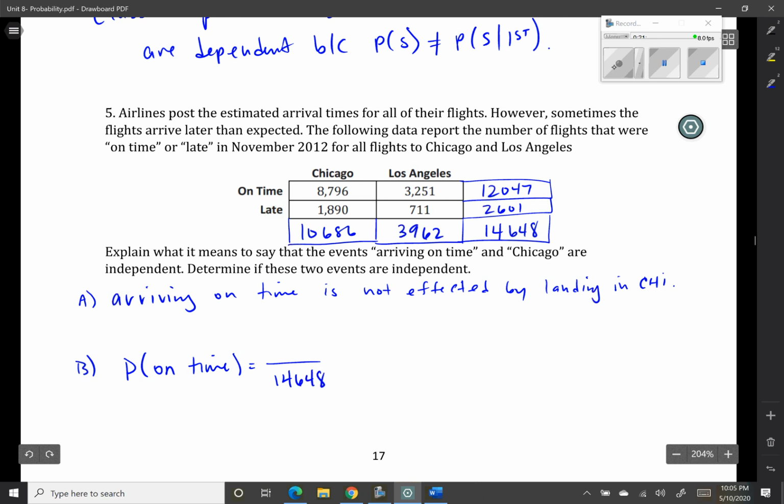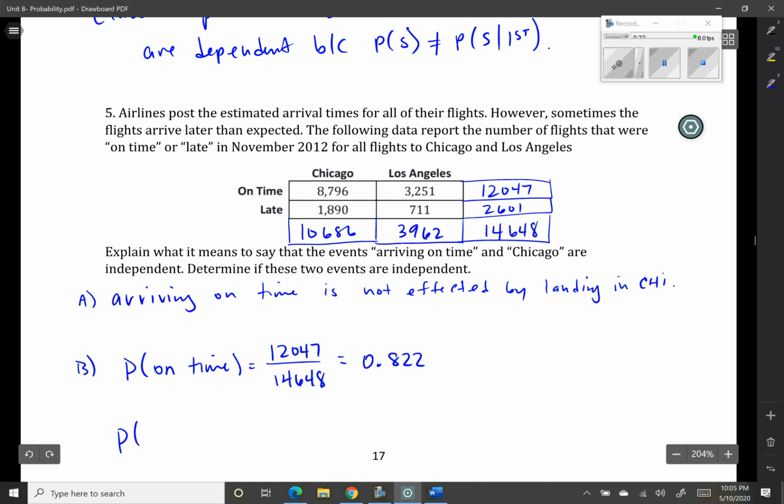Of those 14,648 flights, 12,047 are on time. That's both Chicago and Los Angeles. It's taking both airports into consideration here. Well, if I do that, there's a 0.822 probability, or about an 82% probability of being on time. Not the greatest, in my opinion.